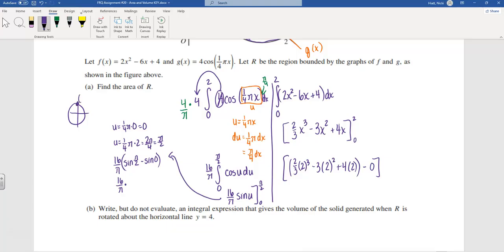Right here at pi over 2, you got the coordinates 0, 1. Sine's the y coordinate. So you got 1 minus what's sine of 0? That's right here, y coordinate 0. So we just get 16 over pi.